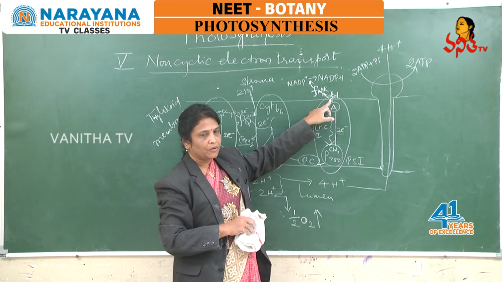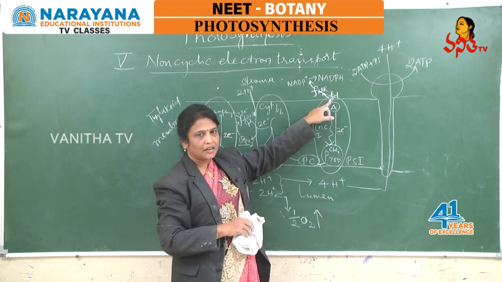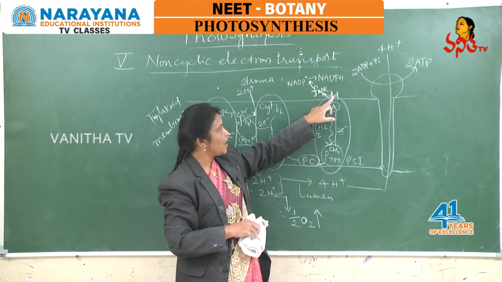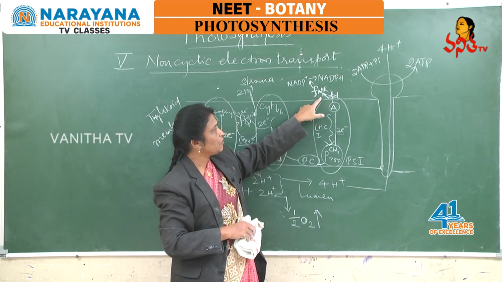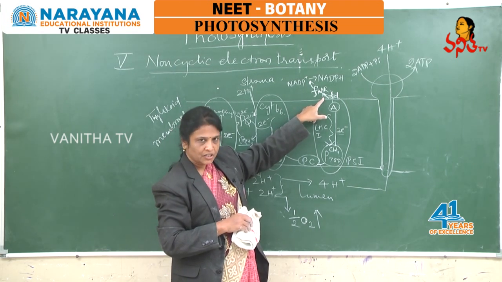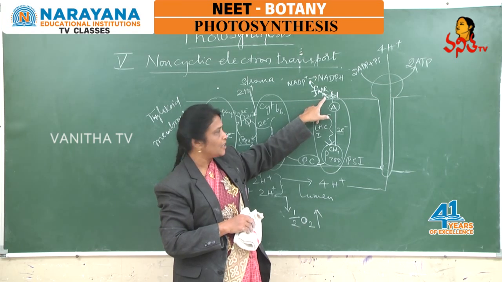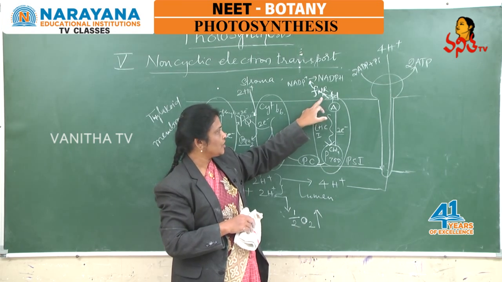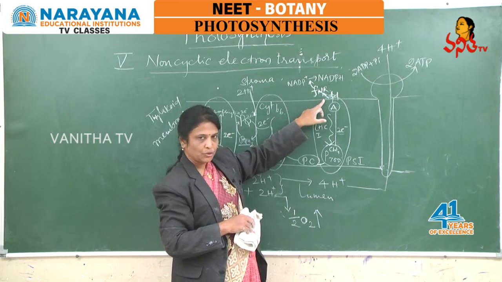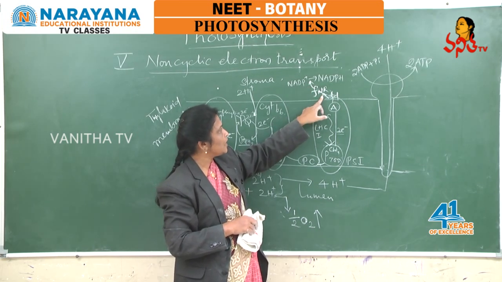The already liberated electrons of chlorophyll A of P700 type are now received by an unknown acceptor in LHC1, and that unknown acceptor gives the electrons to an iron containing electron carrier, an iron sulfur protein, that is ferredoxin. From the ferredoxin the electrons are received by a catalyst, the enzyme ferredoxin NADP reductase, or simply NADP reductase enzyme, which is located on the outer surface of the thylakoid membrane towards the stroma, and it receives the electrons.